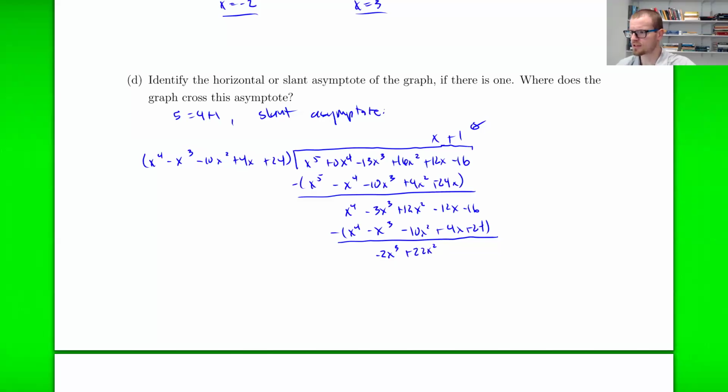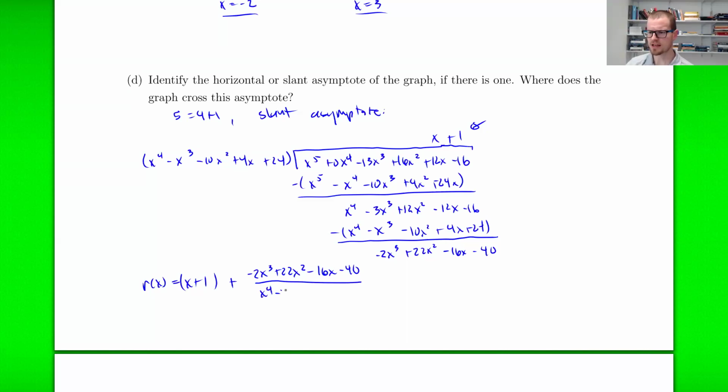Negative 12 minus 4 is negative 16. Negative 16 minus 24 gives us negative 40. So we can write our function r of x as x plus 1, that's our slant asymptote, plus negative 2x cubed plus 22x squared minus 16x minus 40 divided by x to the fourth minus x cubed minus 10x squared plus 4x plus 24.